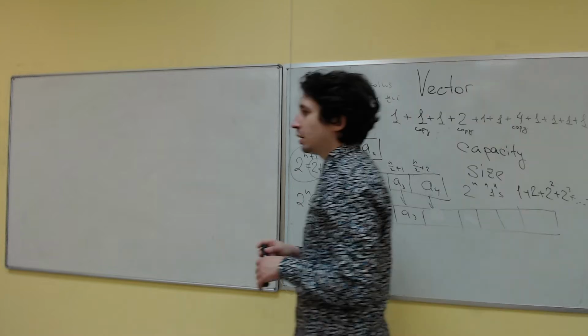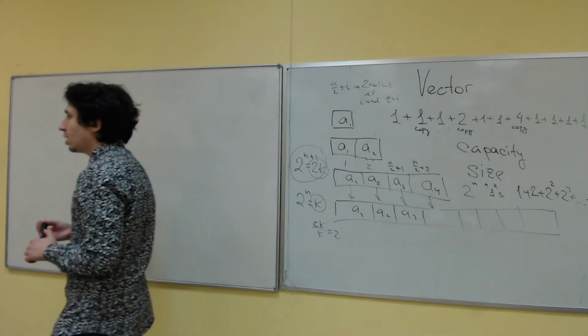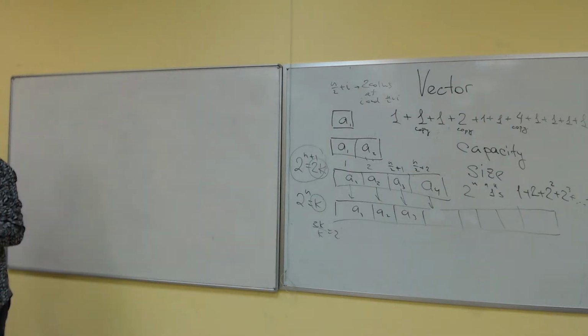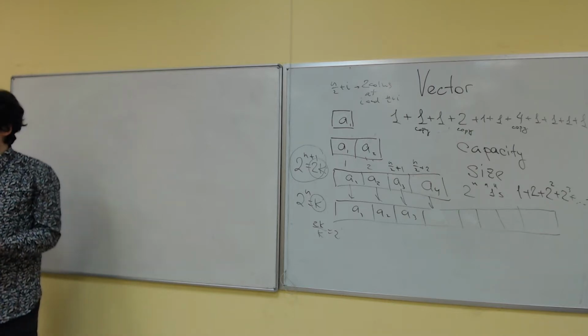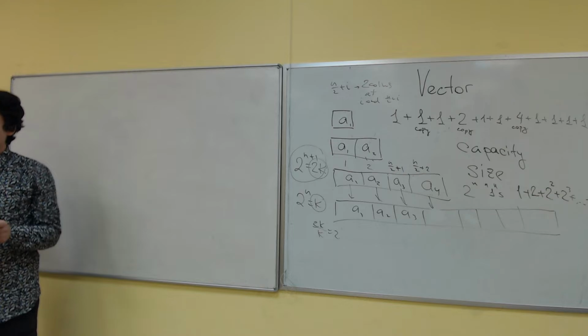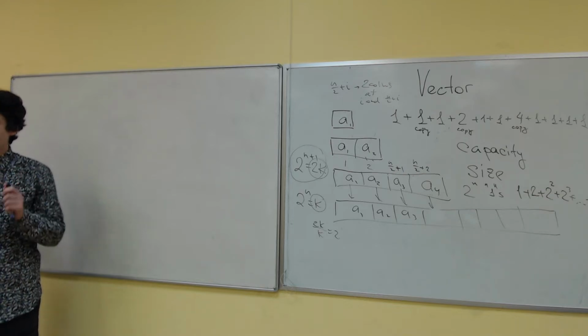So typically, that's the normal way to prove amortized complexity by using coins. When you create an element, you put some coins for the future and then you spend them together.